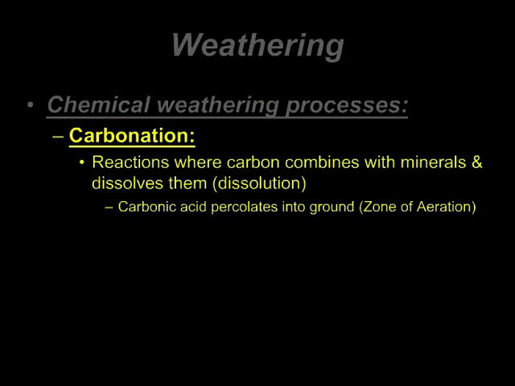Rainwater. And so rainwater picks up CO2, picks up carbon from the atmosphere as the rain falls down from the sky, but also as it works through the zone of aeration, it slowly infiltrates and percolates into the ground, and what we have is a slightly acidic compound now created from that carbon plus water.